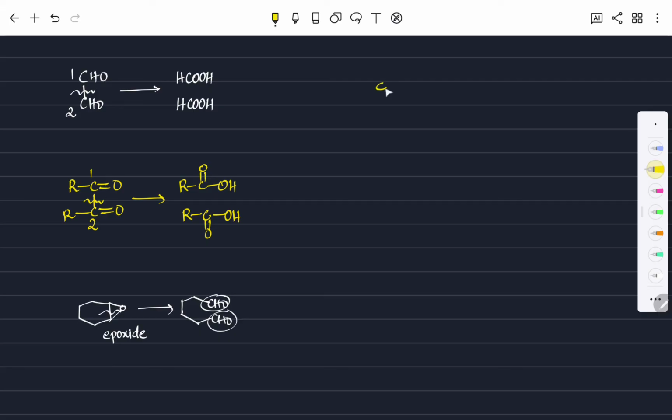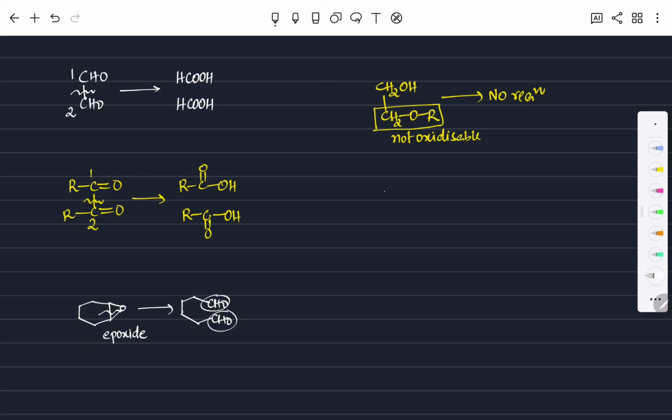Now the most important point: with CH2OH and CH2OR, one is oxidizable but the other is not oxidizable. Therefore, in this case, no reaction.